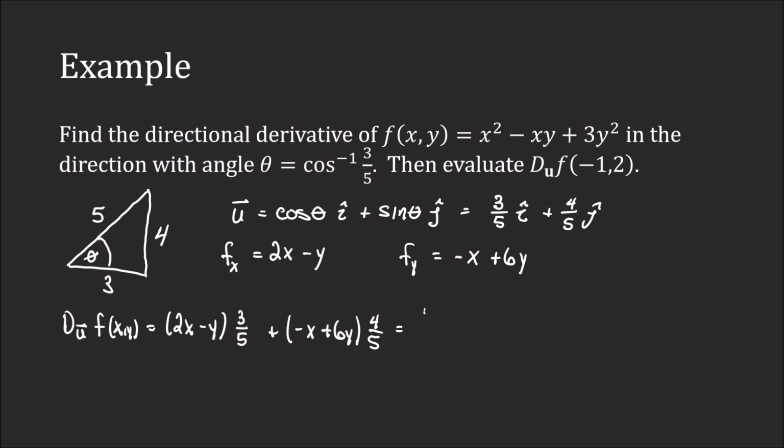So we'll wind up with 6x over 5 minus 3y over 5 minus 4x over 5 plus 24y over 5. And if we completely simplify this, we have 2x over 5 plus 21y over 5.